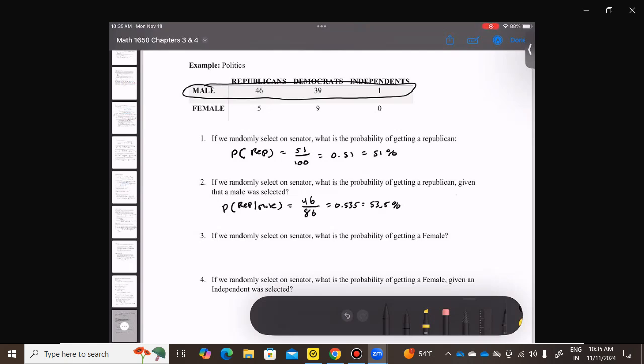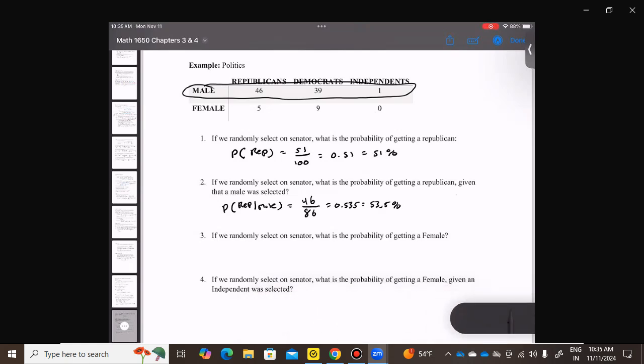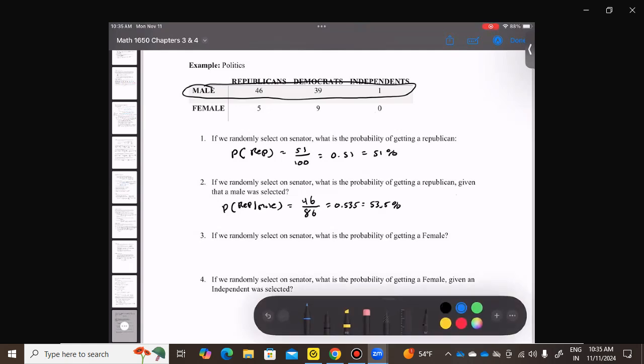If we use the formula, looking at the probability of a Republican and a male over the probability of just a male. For Republicans and a male, there's 46 male Republicans out of 100.